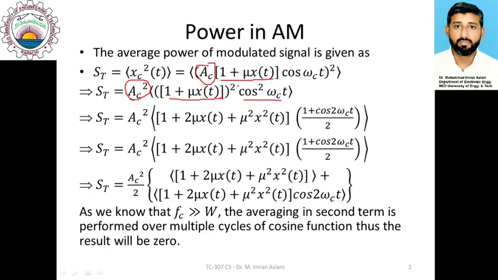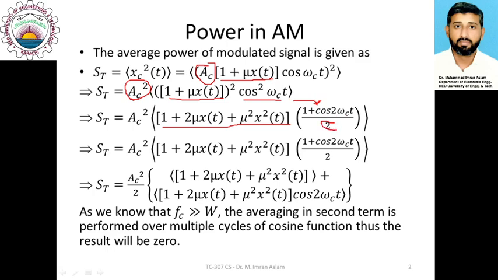(1 plus mu x(t)) square can be expanded by the simple mathematical relationship of (a plus b) whole square. So I have expanded this thing, and the second part, you can see that we have applied a simple trigonometric relationship where we can represent cos square omega c t as (1 plus cos 2 omega c t) by 2.